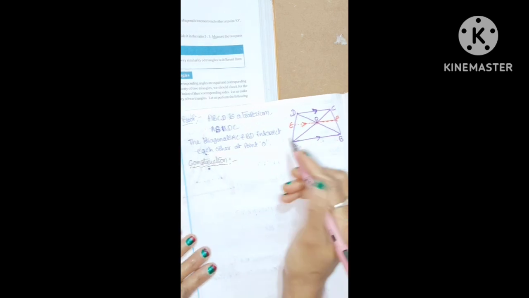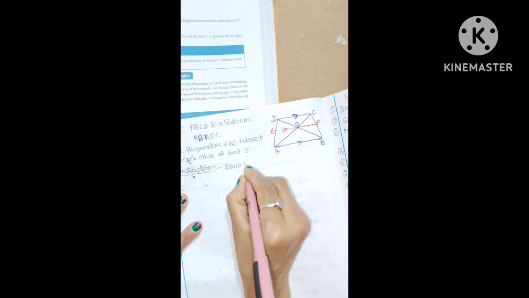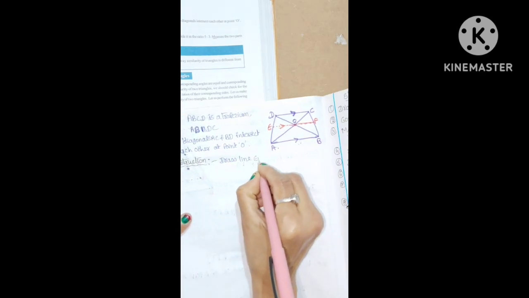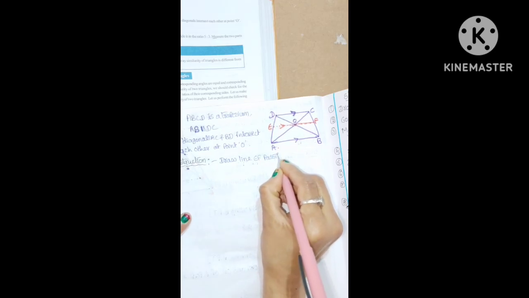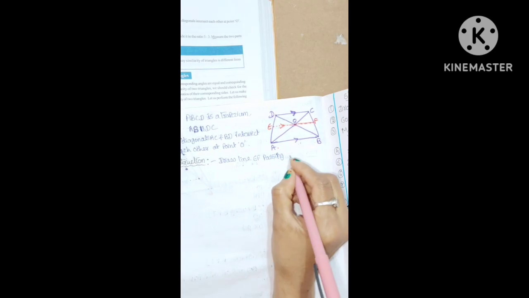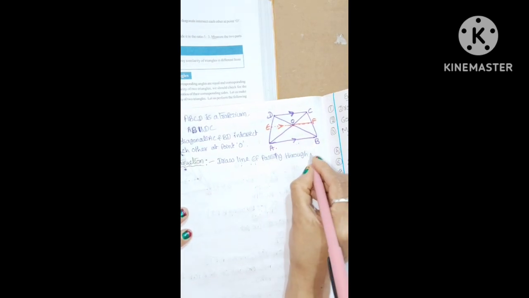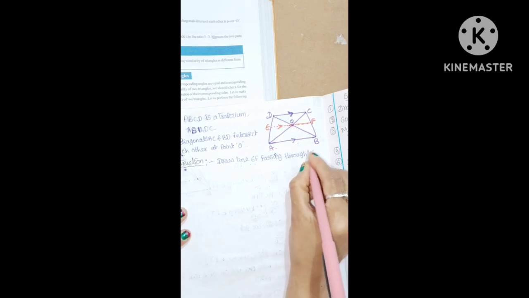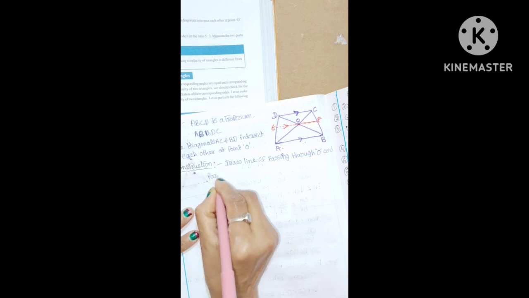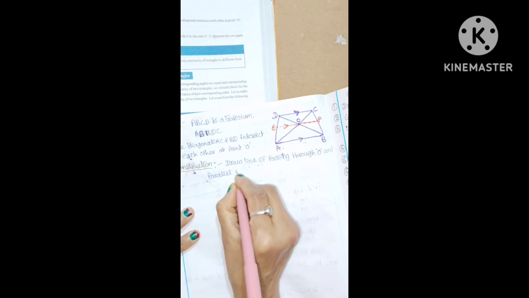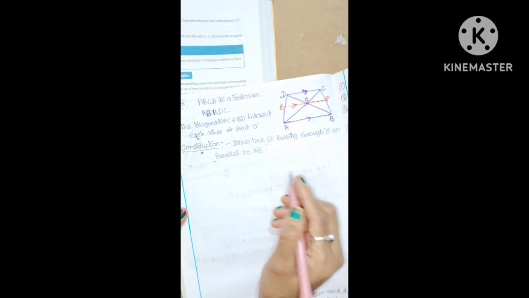Draw a line EF, passing through O and parallel to AB. Are you clear? This construction we needed only.